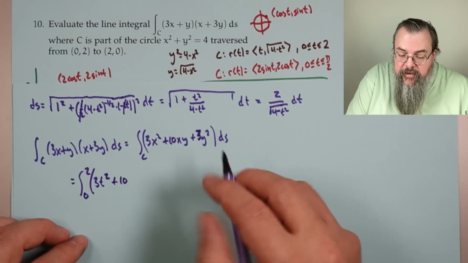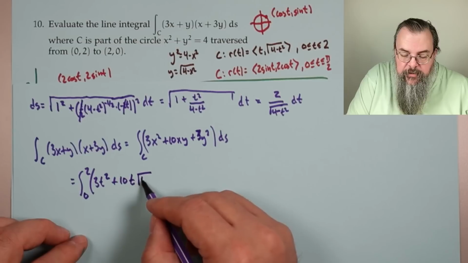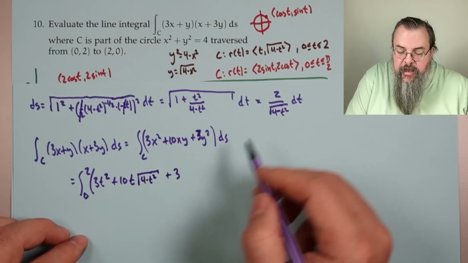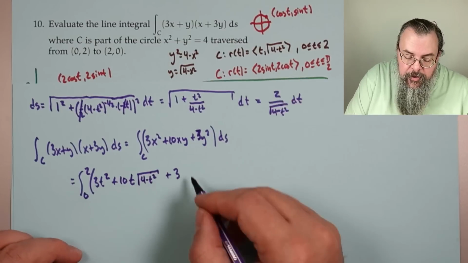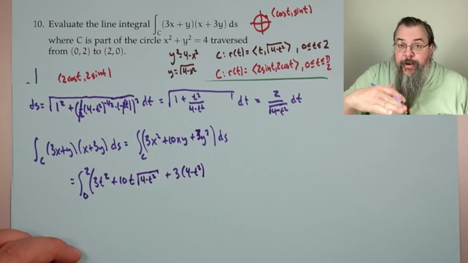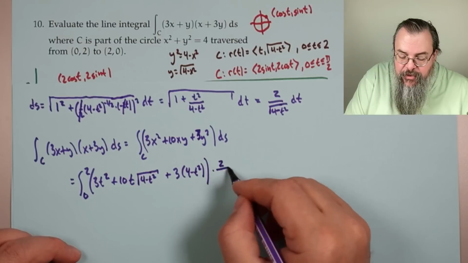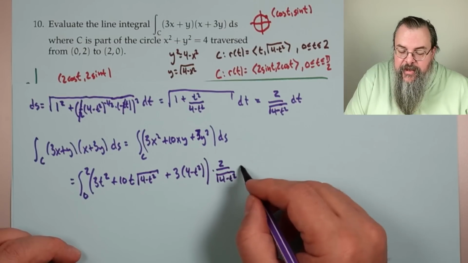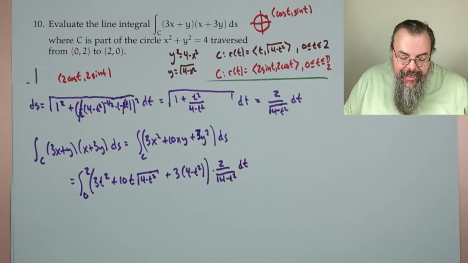Now we have x is t, y is square root of 4 minus t squared, and then plus 3, and again, y squared, so we're going to multiply this by 4 minus t squared. Right, the square roots and the squares undo each other, times all that by 2 over square root 4 minus t squared dt. All right, okay, good.